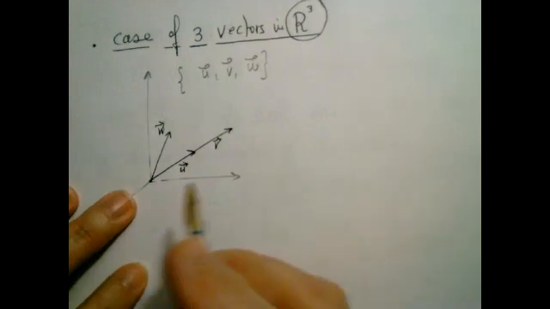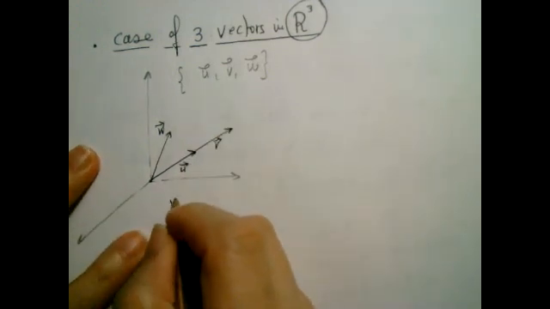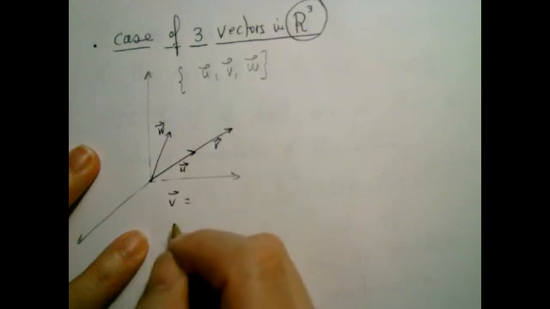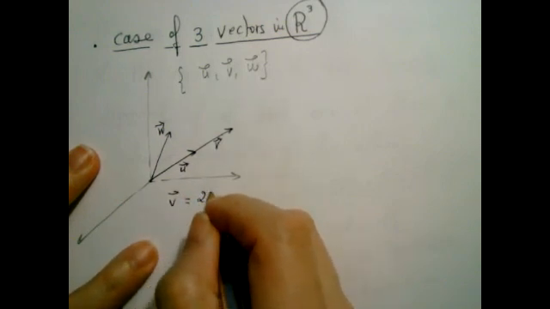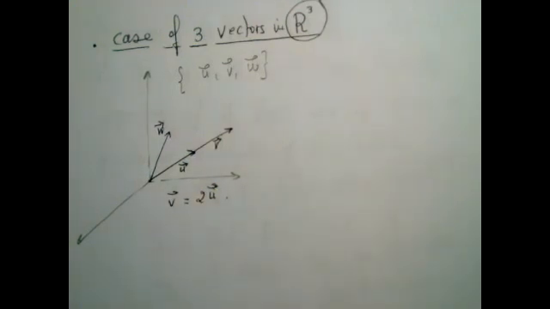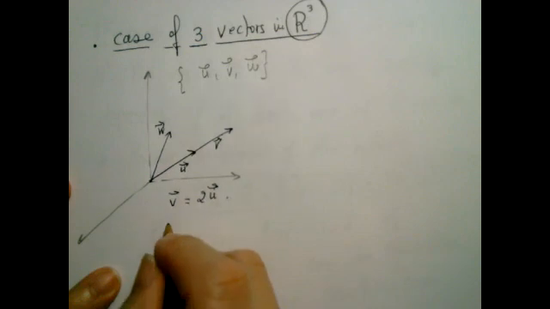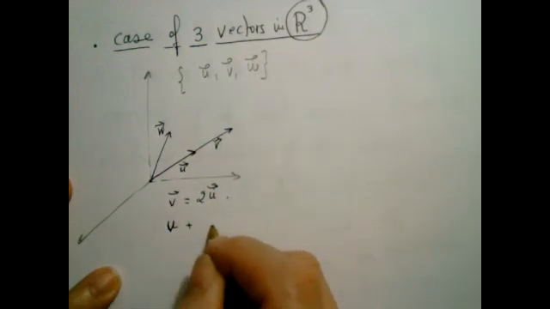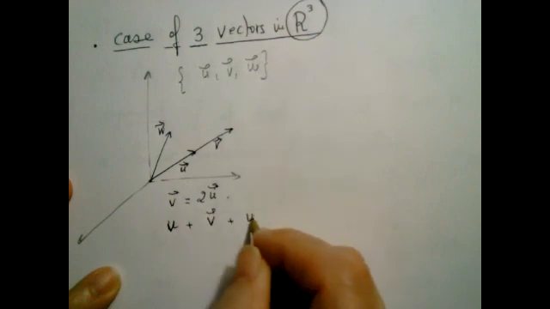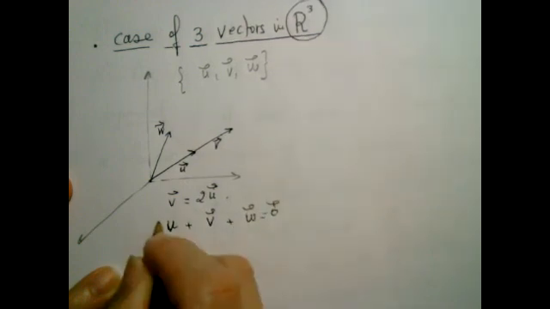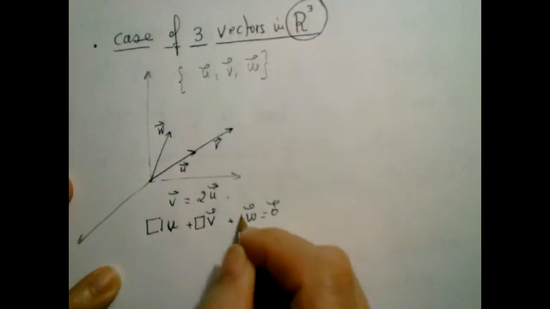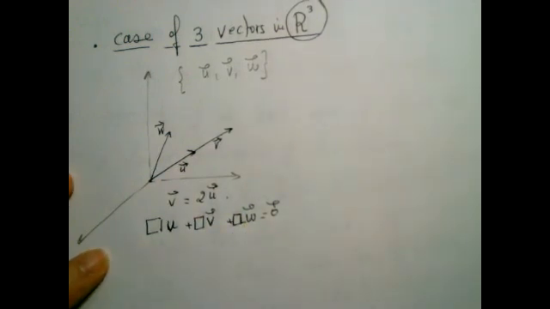Watch the picture very carefully. I picked my V on purpose to be almost 2 times U. It means V is a combination of U, so it's 2U. Is that clear? Now I'm going back to you. Can you give me non-zero scalars to make this sum equal to 0?